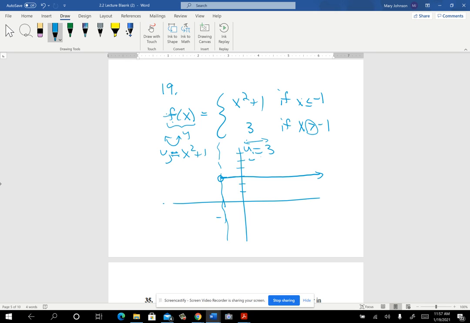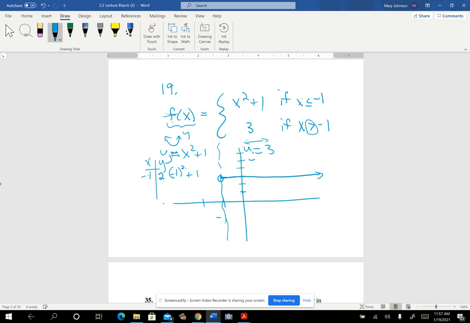And then when I'm over here to the left, I'm supposed to use y equals x squared plus 1. And I know that's a parabola. I know it's up 1 on the y-axis, but sometimes I just like to know it's a parabola and then find out, well, what does it do right at -1? And don't forget to square that. Put it in parentheses and square that. That's +1 plus 1. So you get 2.